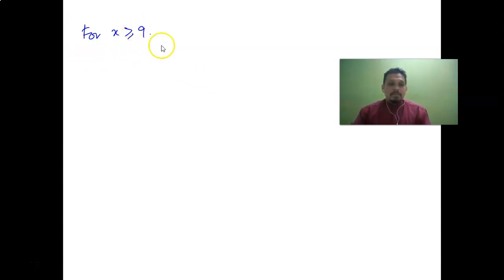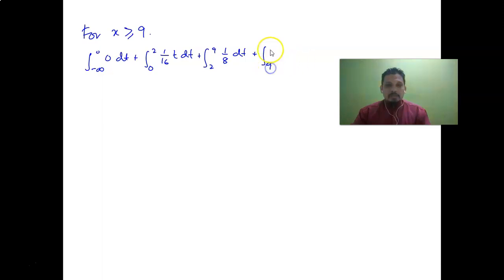So it is the integral from negative infinity until 0, 0 dt, plus from 0 until 2, the function involved here is 1 over 16t dt, plus from 2 until 9, 1 over 8 dt, plus from 9 to positive infinity 0 dt.